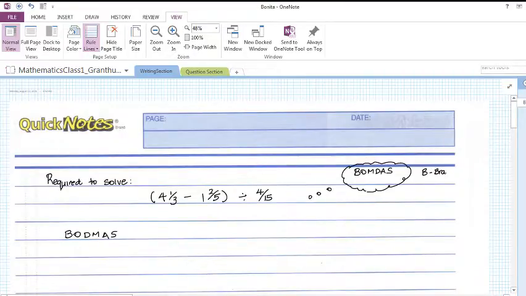We knew that the B stood for brackets, and what that says is that whenever you're working a problem, you give brackets priority. The O stood for the word of. M stood for the operation of multiplication. D stood for division.